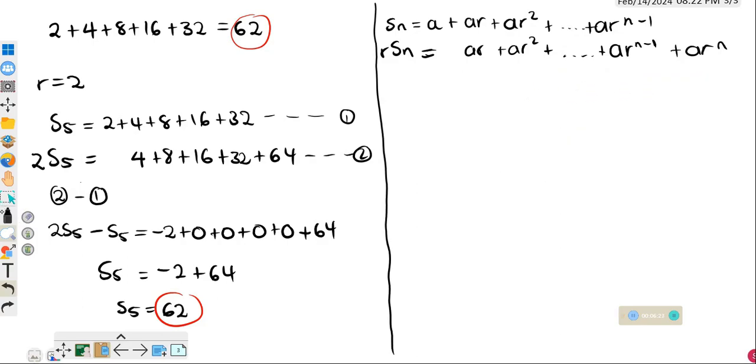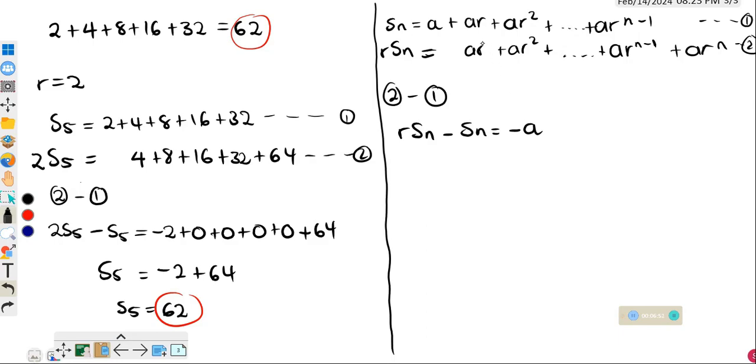And then what did we do from there? We said this is going to be our equation 1 and this is going to be our equation 2, right? We said equation 2 minus equation 1, and then on the left hand side we have RSn minus Sn, which is equal to, remember this, 0 minus A, which gives us minus A, right?